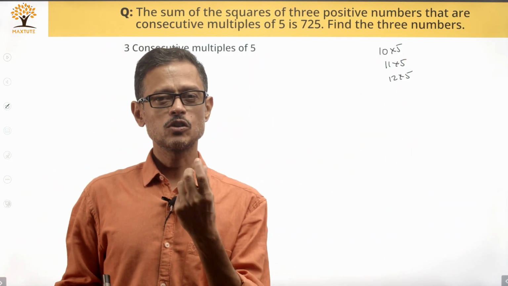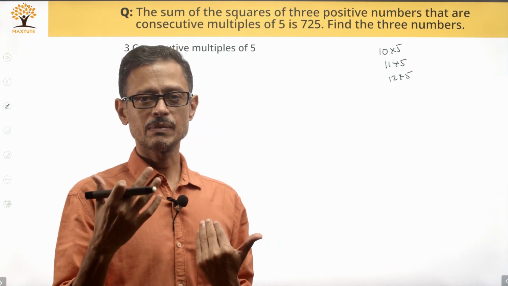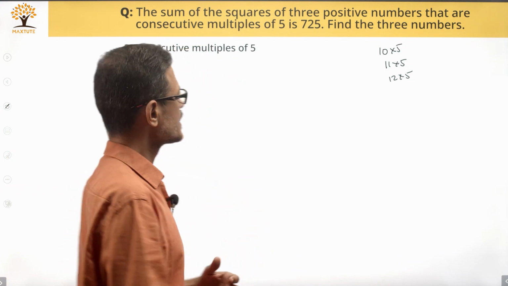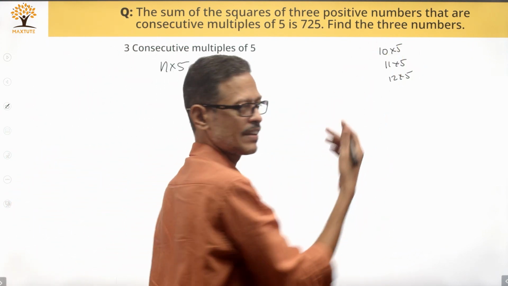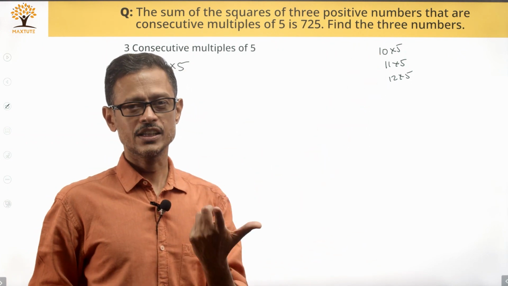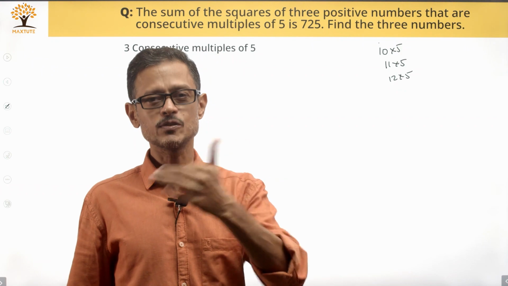We do not know whether we are talking about the 10th multiple of 5, and that is essentially the crux. So, let us say the first multiple of 5 that we are interested in is the nth multiple of 5, so it is going to be n times 5. Instead of 10 into 5, which we took as an example, it is going to be n into 5. If n is equal to 10, 11 will be n plus 1, the next multiple of 5.